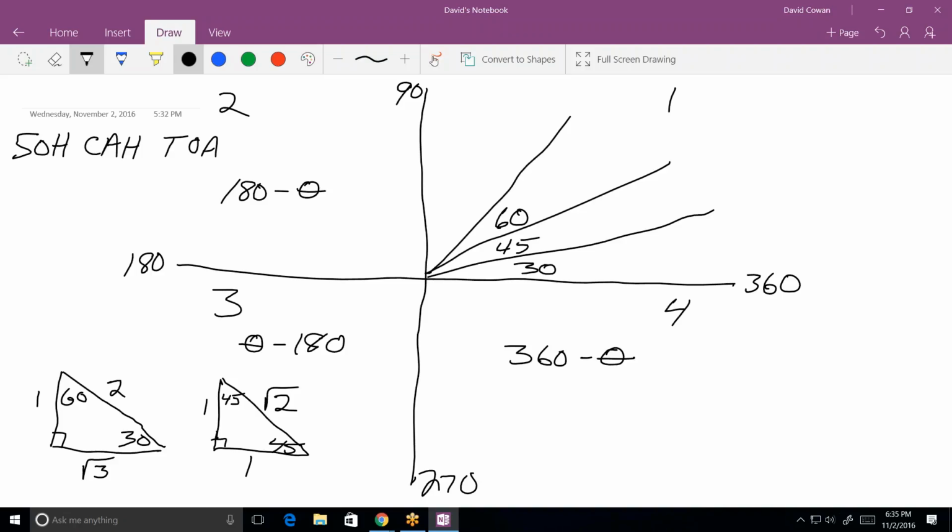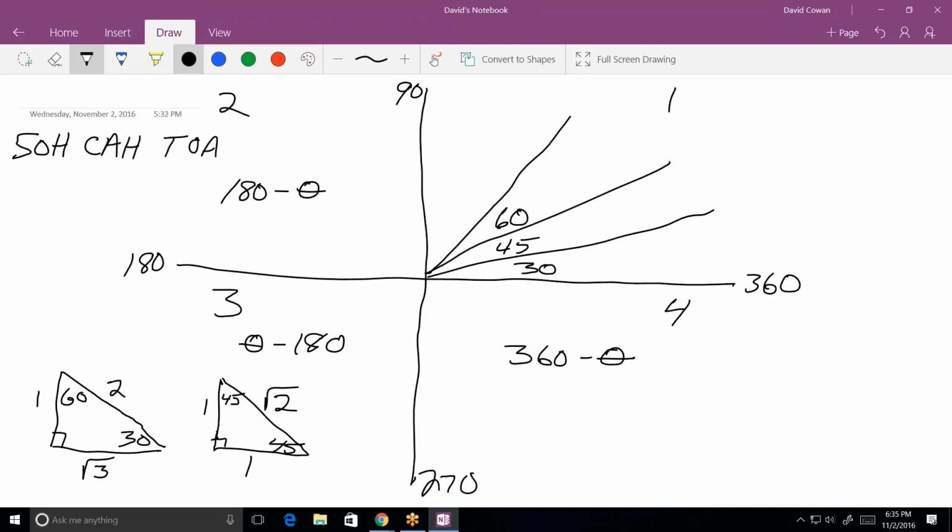Now let's hold off on the quadrangles for a minute, because I don't have enough room on here to put everything. Let's talk about angles that are in the second quadrant. For example, 150 degrees.